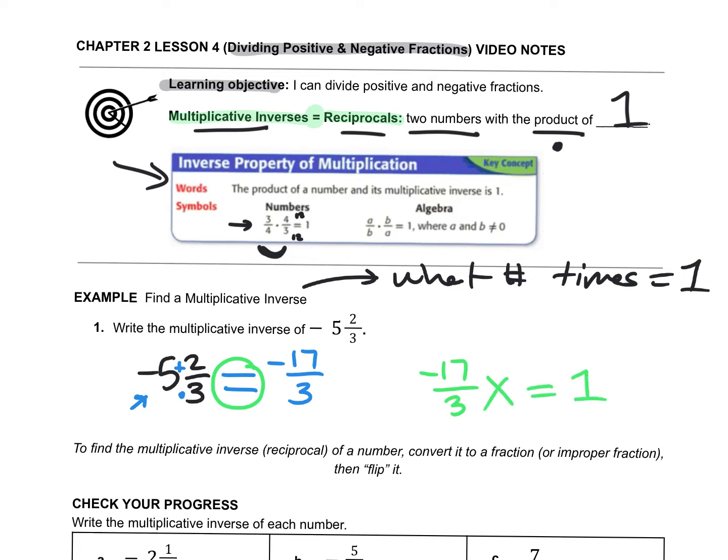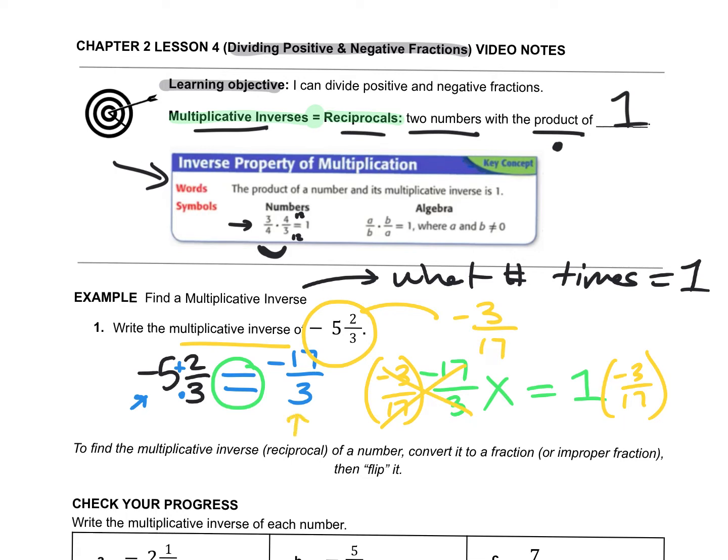If you think about what you know, when dividing we're going to multiply by the reciprocal, that is going to cancel and we'd have 1. So essentially, any number times 1 is itself. So the multiplicative inverse or reciprocal of -5 2/3 is -3/17. So remember, this is equal. You have to change it first, then flip it around.